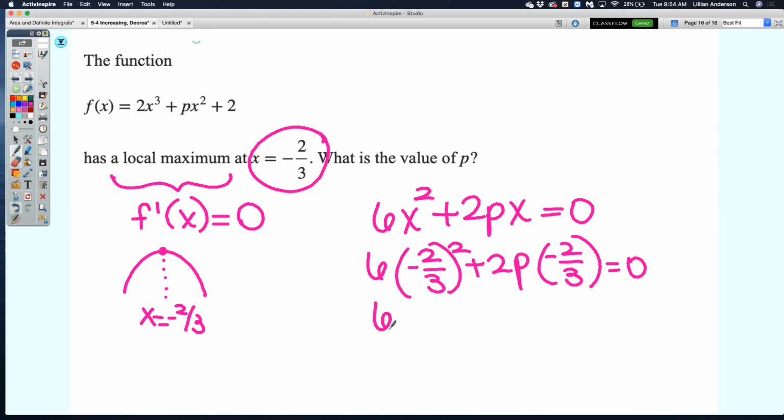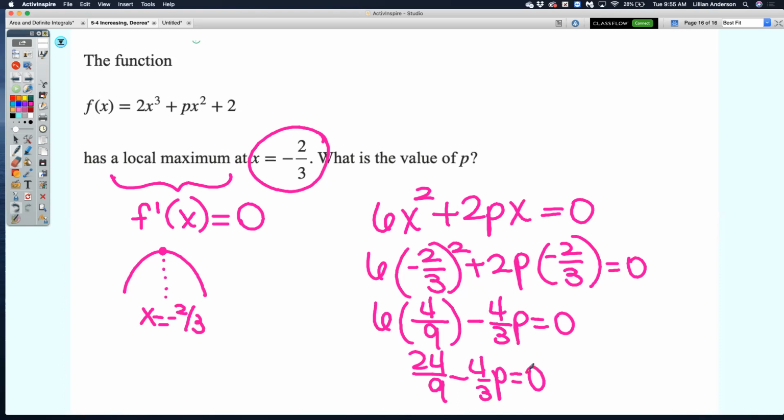So when I do this out, I'll get 6 times 4/9 minus 4/3 p. All I'm doing is multiplying. What's 6 times 4/9? It's 24/9.